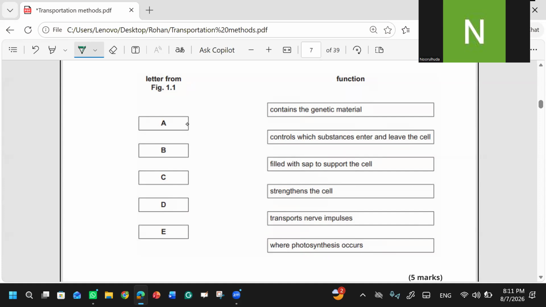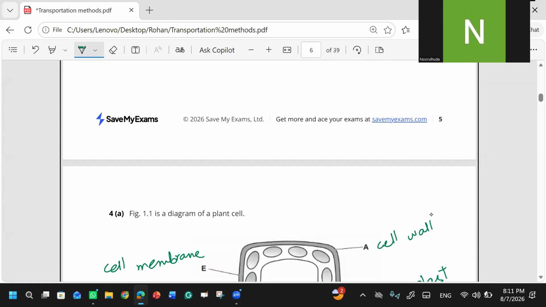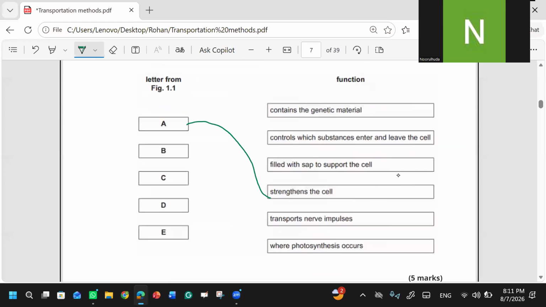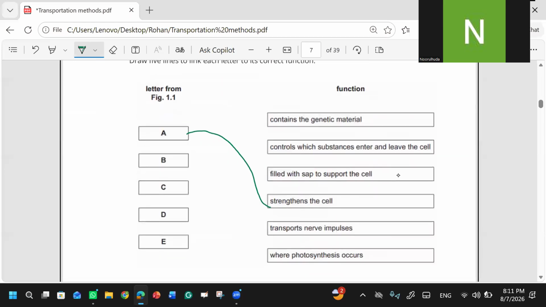What about B? B was the chloroplast, where photosynthesis occurs.